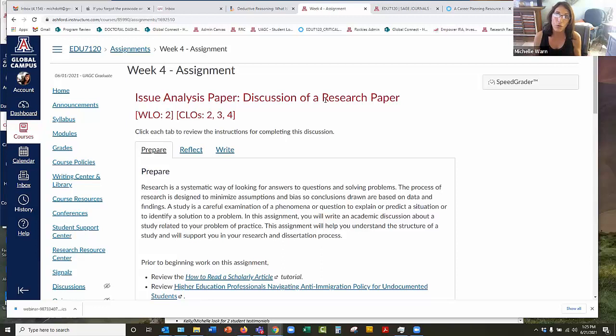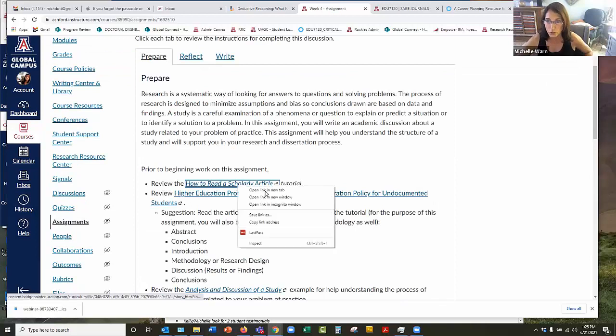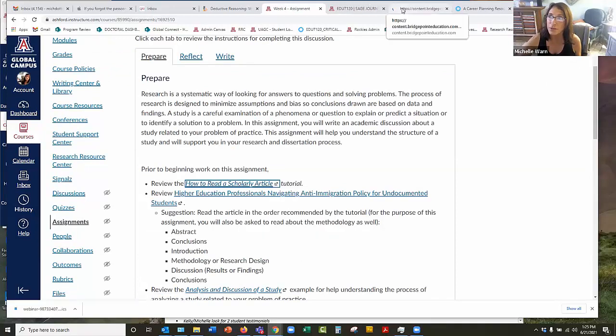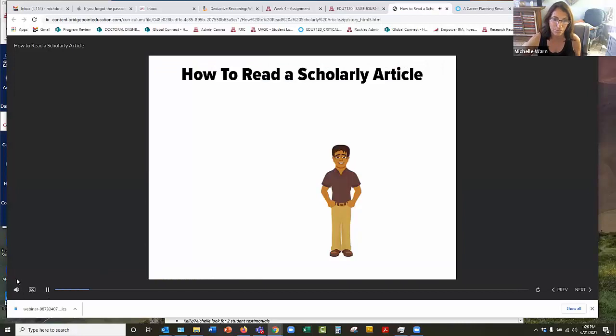So you are looking for a research paper around your problem of practice, okay? Now, we've got all kinds of support in here on how to go through a research paper. And we've got, for example, this tutorial from the library, which is really great. And it kind of goes into, as a student, you'll have to find and read scholarly articles.